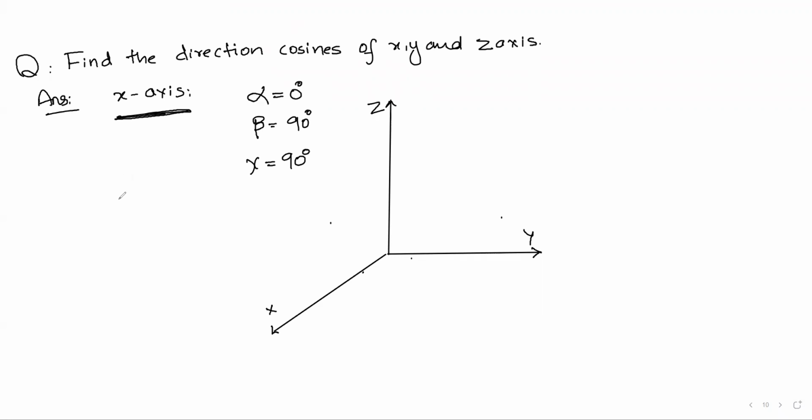Very good, Abdur. That's correct. Now, similarly, Abdur, for the y-axis, please find the direction cosine. First of all, find alpha, beta, and gamma. Very good, Abdur. Now find for the z-axis. All of you, please share your answer.